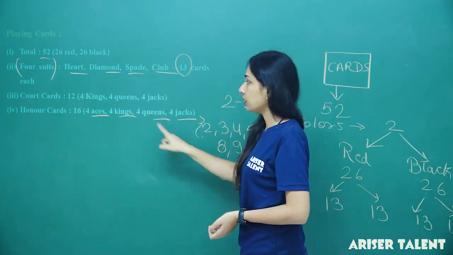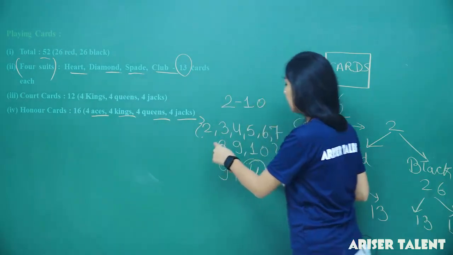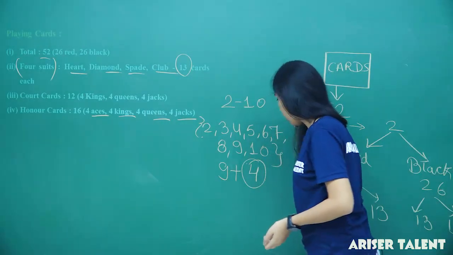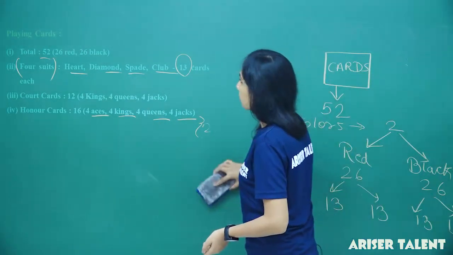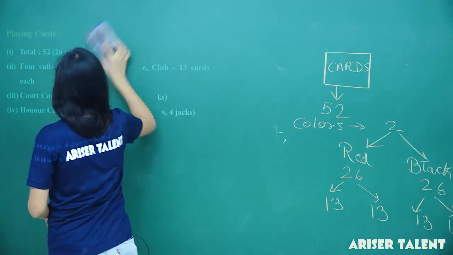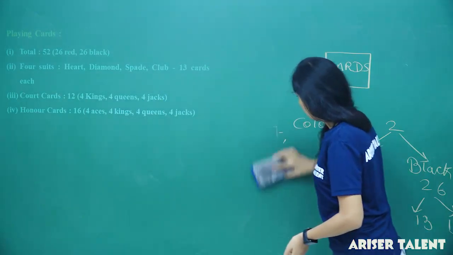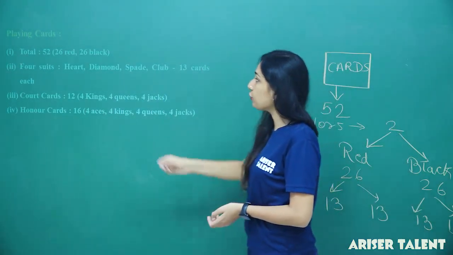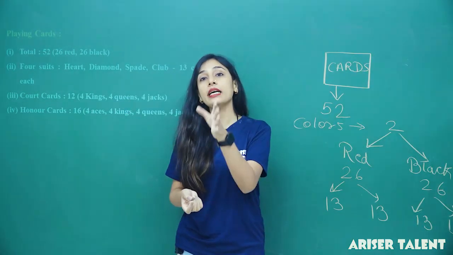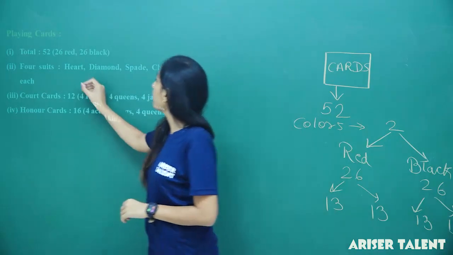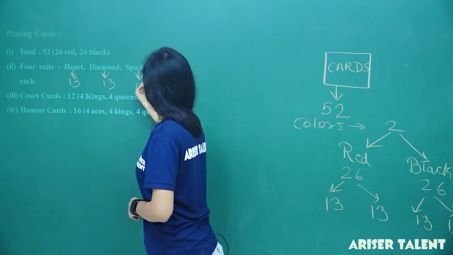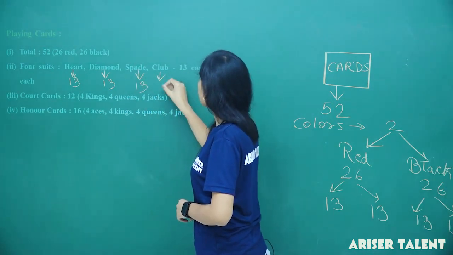So these 4 cards plus these number cards will make 13, right? Okay. Note this. Now you have these 4 categories. Which 4 categories? I have told you, you have a set of 4 13s. So you will have 13 here, 13 here, 13 here, 13 here.